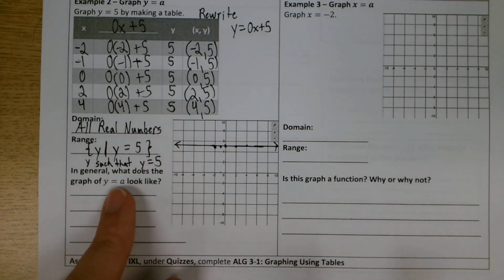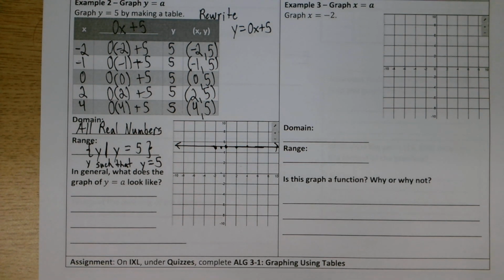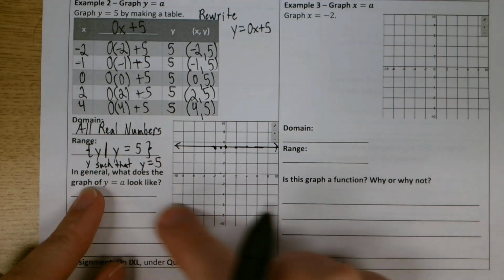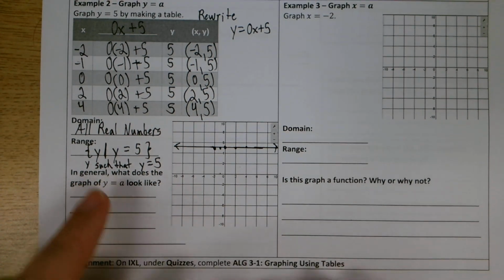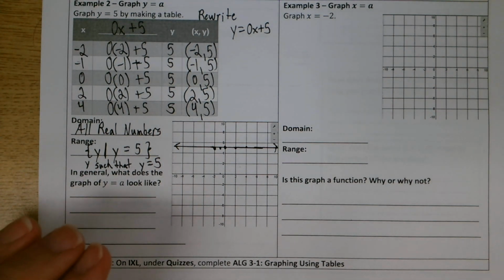In general, what do you think the graph of y equals any number a looks like? Well, if y could be just any number, but it's just y equals that number, it's a horizontal line.